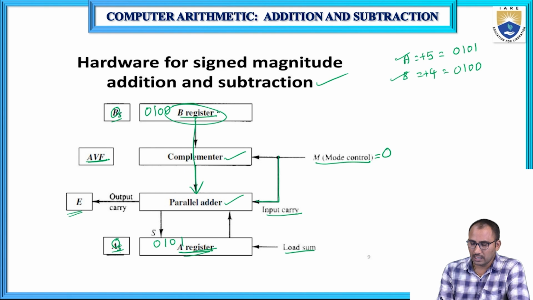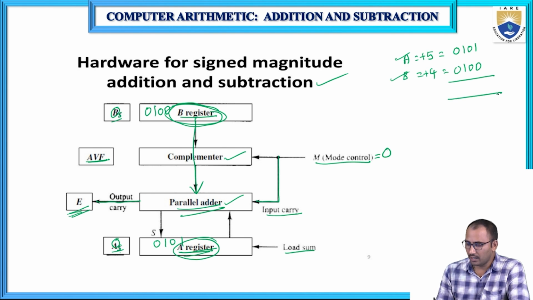So the B register data is added with the A register data in the parallel adder. If it generates any carry, that will be stored in the extended flip-flop. Otherwise, the result will be there.